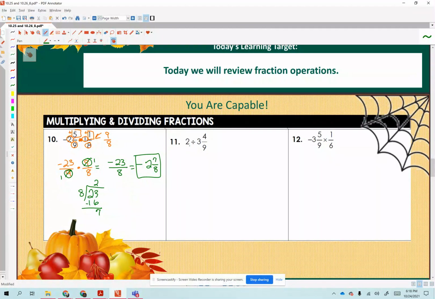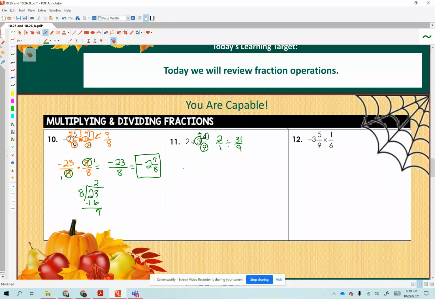So number 11, we have 2 divided by 3 4/9. We can think of the 2 as 2/1 divided by, and we'll make it improper fractions. So that would be 9 times 3 is 27, plus the 4 in the numerator would give me 31/9.